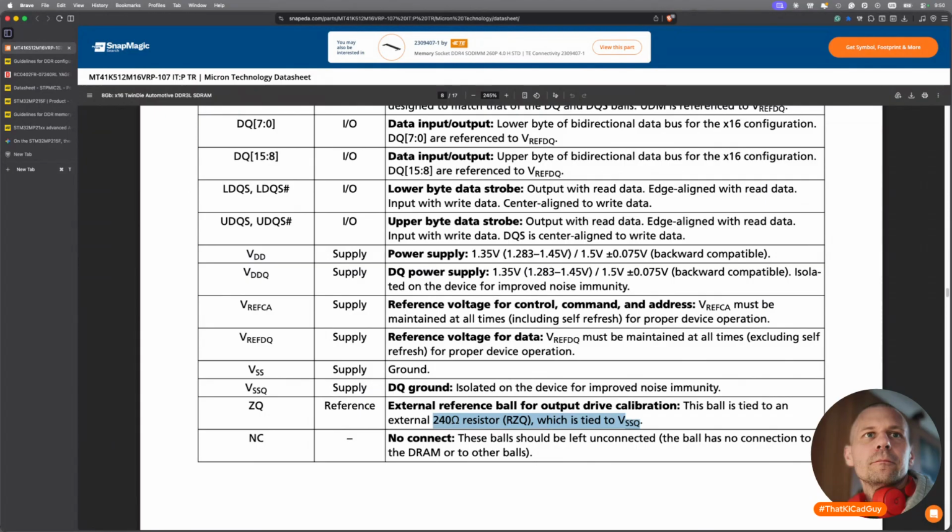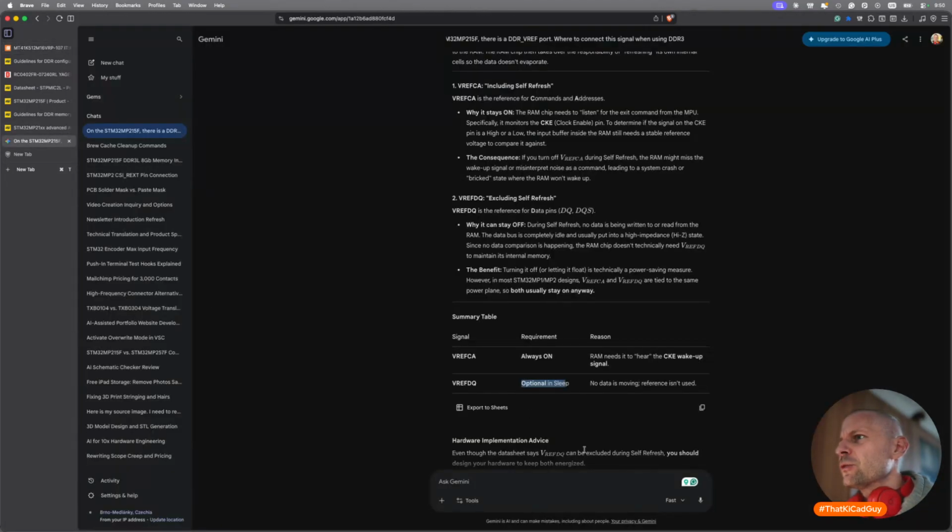I don't know. Let's ask Gemini, because this should be our clever companion. Let's talk ZQ on the DDR3L memory. The datasheet requires a 240 ohm resistor to VSS.